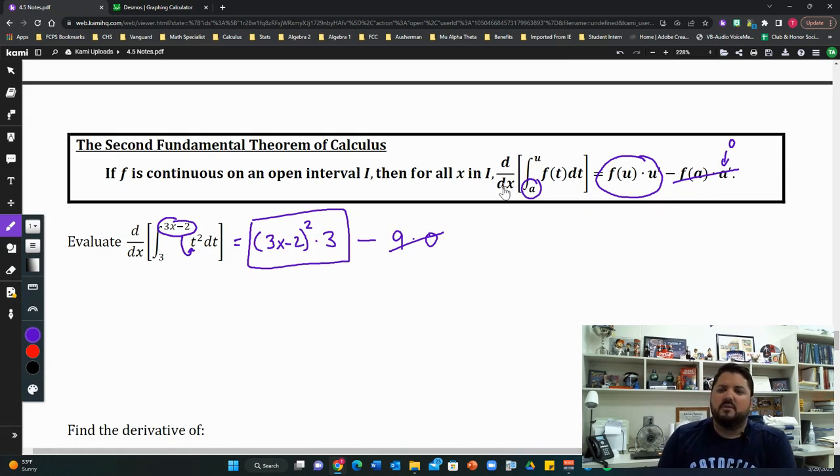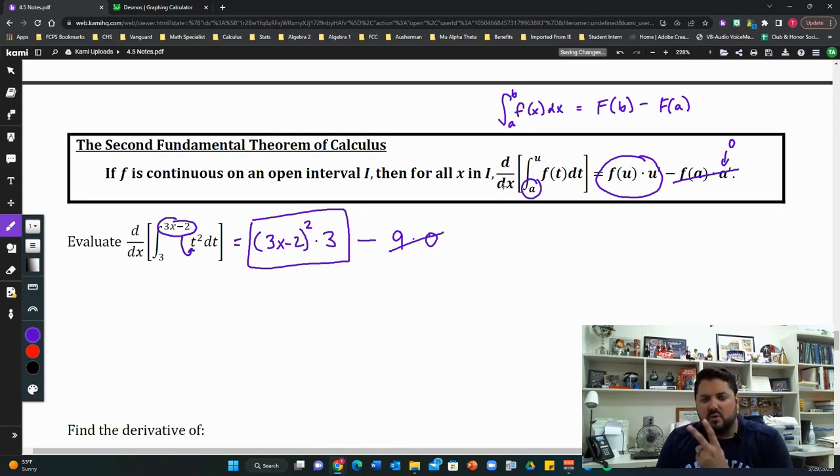So if you really think about this in a nutshell, this is basically very similar to our fundamental theorem of calculus. So fundamental theorem of calculus is just the integral from a to b of f of x dx is equal to the antiderivative of b minus the antiderivative of a. But the main difference here, it's twofold. First, because I'm taking the derivative, I don't go back to an antiderivative.